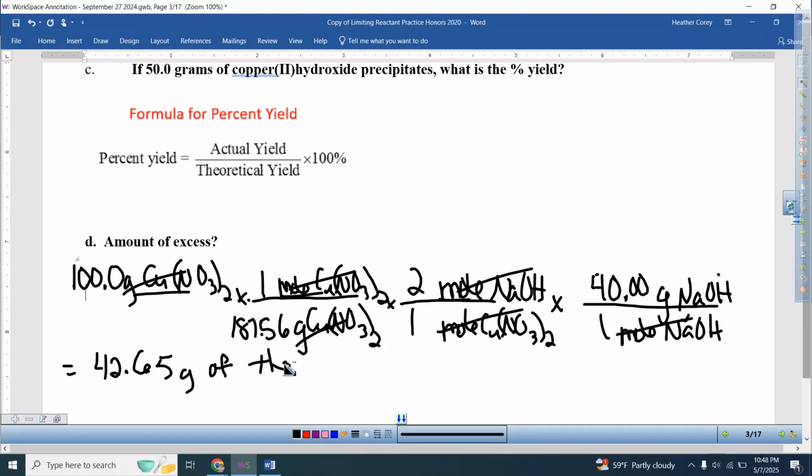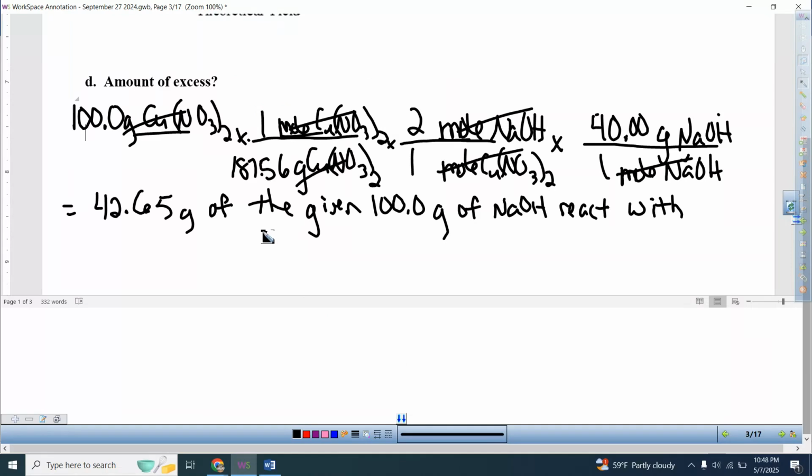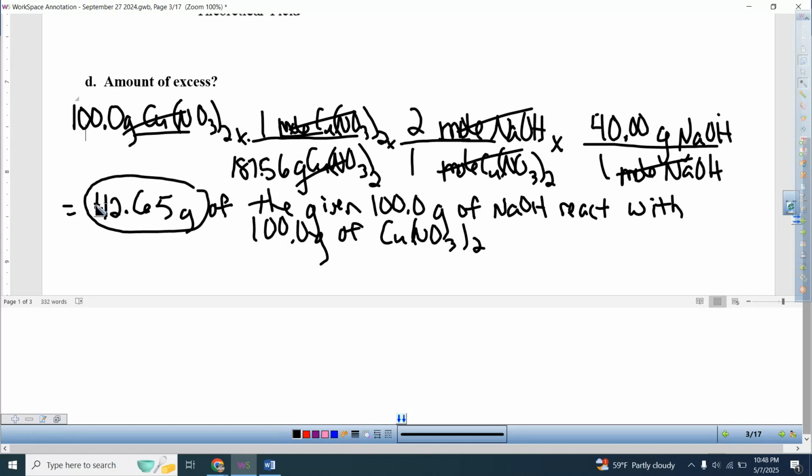of the given 100 grams of NaOH reacts with the 100 grams of our limiting reactant, the copper nitrate. Okay, so long story short, this would be like the amount of flour that combines with our eggs, or the amount of sugar that combines with our eggs. So you're going to take the total grams of NaOH.